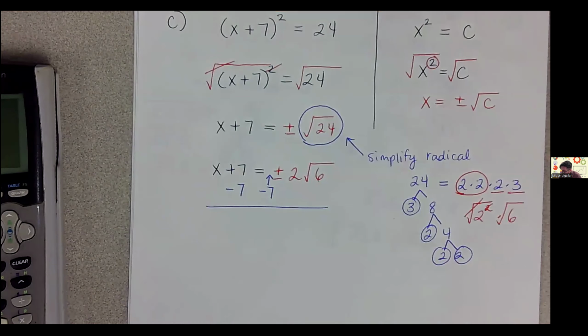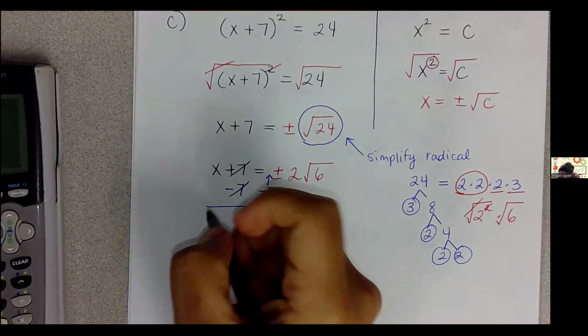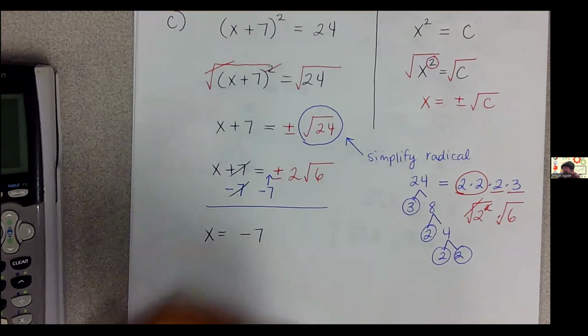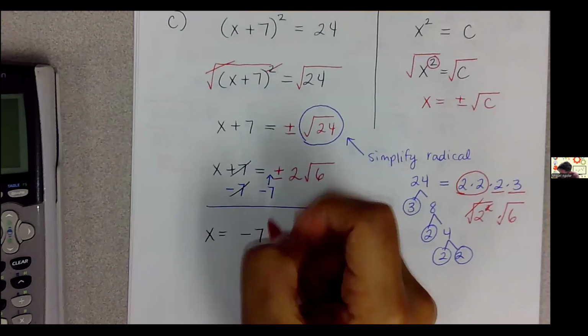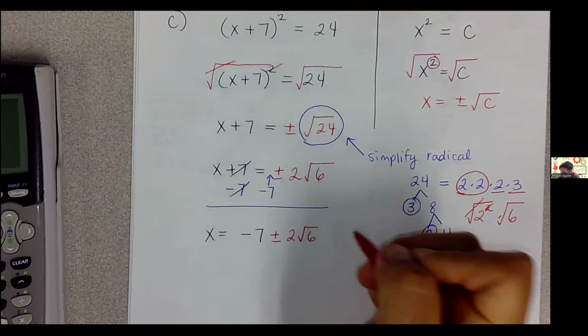So as I write this down, I know I'm going to cancel out my 7's. I have x is equal to negative 7, since I subtracted it over to the other side, plus or minus 2 times the square root of 6.